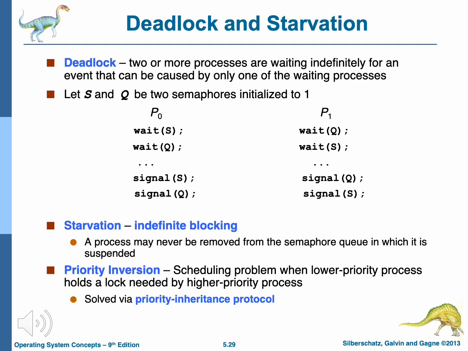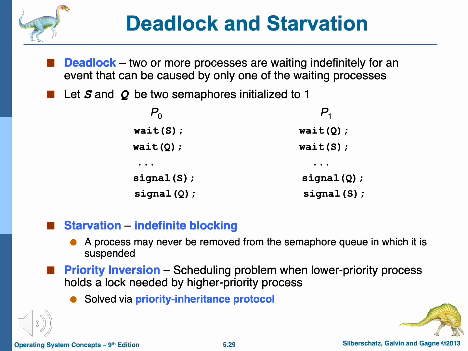Priority inversion. A scheduling challenge arises when a higher priority process needs to read or modify kernel data that are currently being accessed by a lower priority process or a chain of lower priority processes. Since kernel data are typically protected with a lock, the higher priority process will have to wait for a lower priority process to finish with the resource.